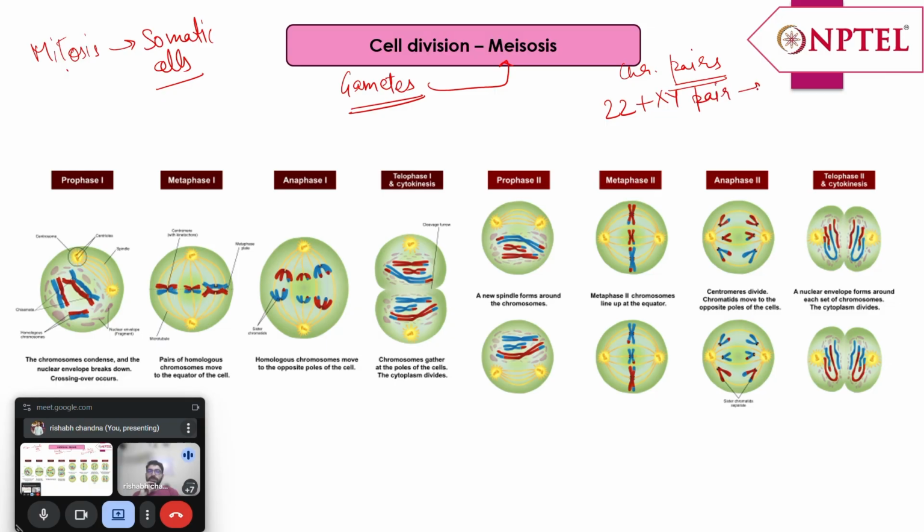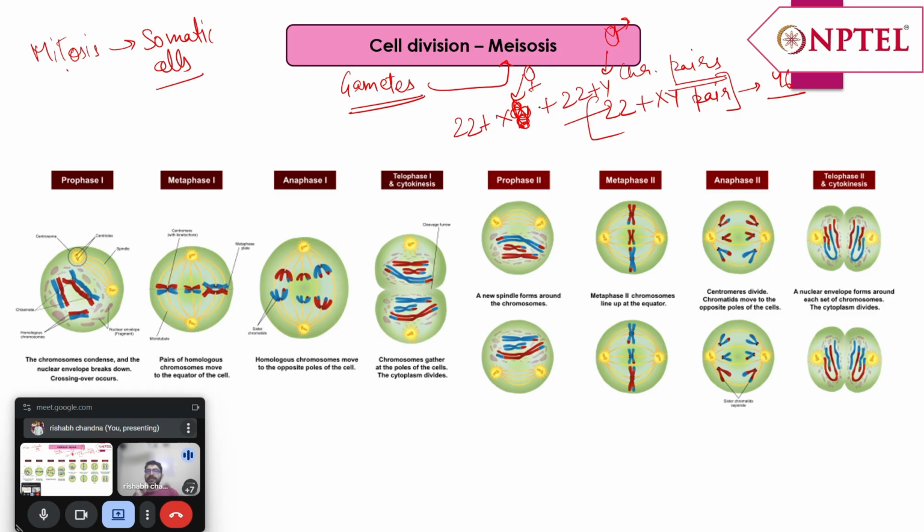So a total of 46 chromosomes are there in a human cell. If we talk about one of the pairs, that means 22 plus X or Y, X comes from a female counterpart, while the other 22 plus Y comes from the male counterpart.